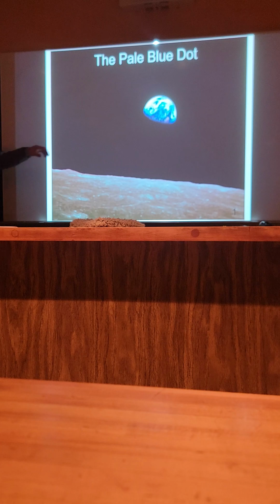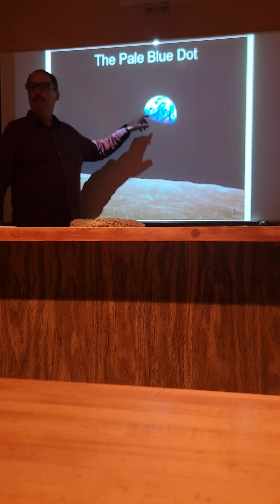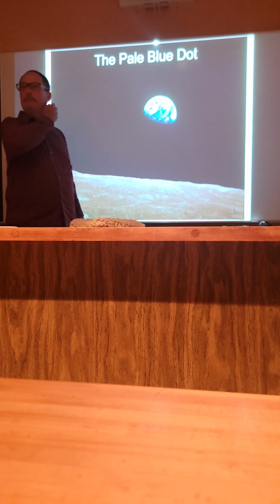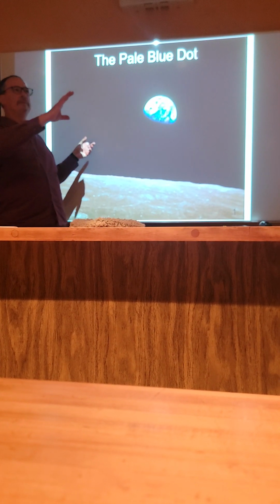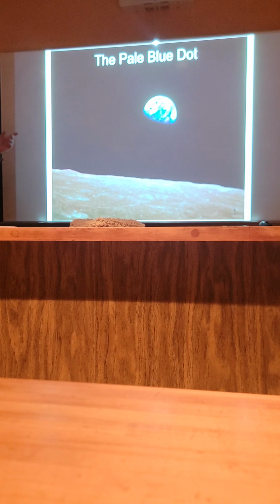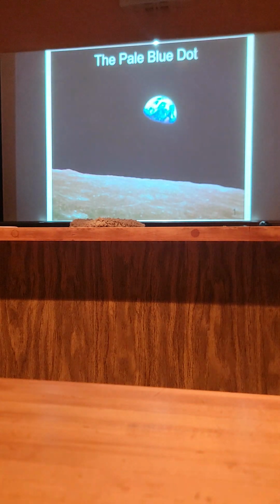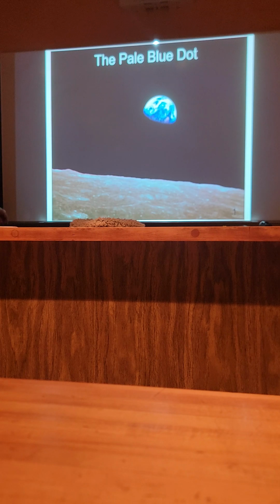And he referred to it thusly because he was imagining if there was some extraterrestrial intelligence who had some kind of a telescope, and they happened to be able to somehow shield the light from our sun so that they could get a good image of the Earth, then they would see it's this pale blue dot.